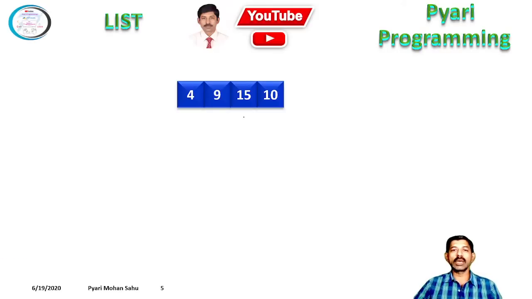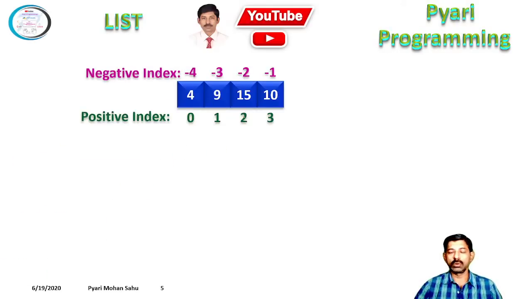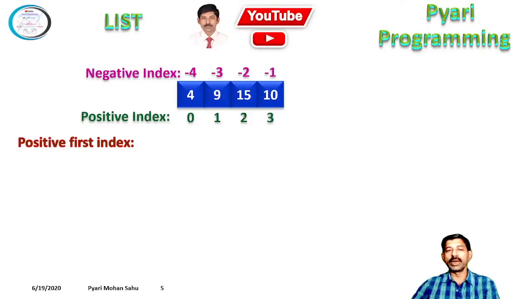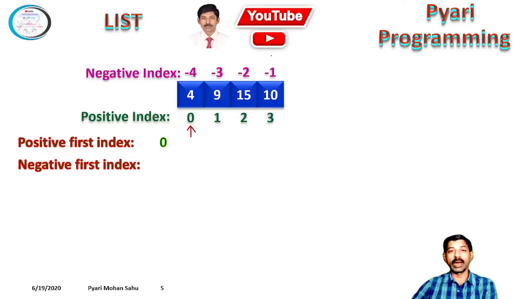Now a list can be referred to by an index position, negative or positive. The positive index always starts from 0. Look at this, positive index always starts from 0. Now for the negative index, I am not talking about negative first index. I am talking about the list itself.